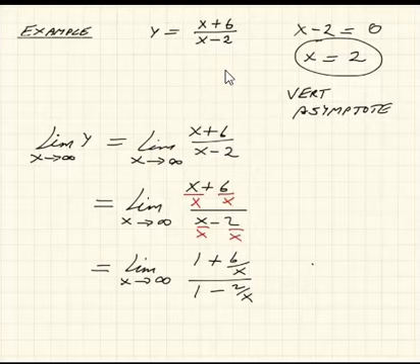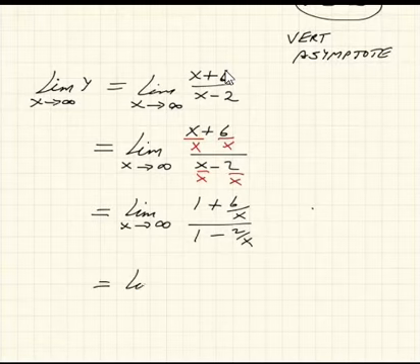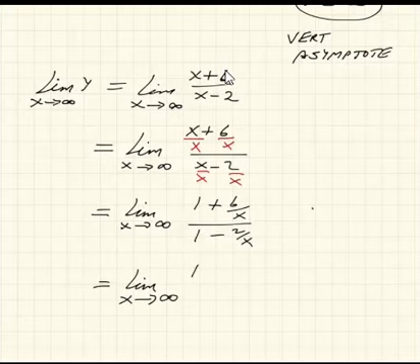Now we can start making sense of this, because if x is infinity, anything divided by infinity is 0. If you divide something by a very large number, it gets very small, so infinity is the largest, so it becomes the smallest, which is 0.